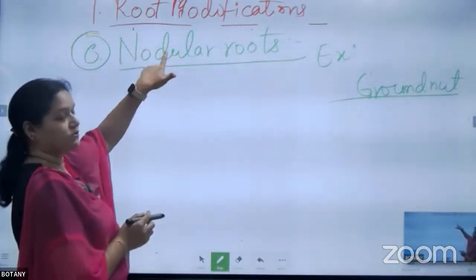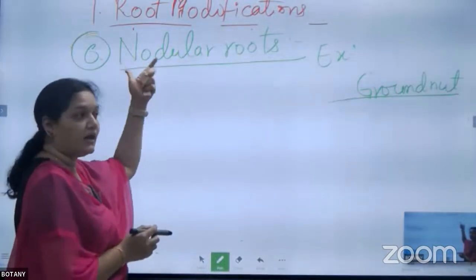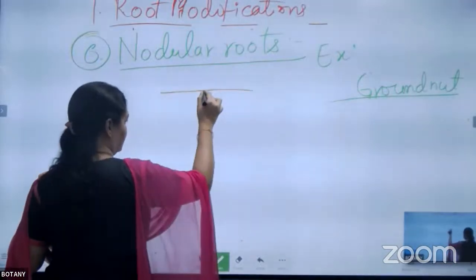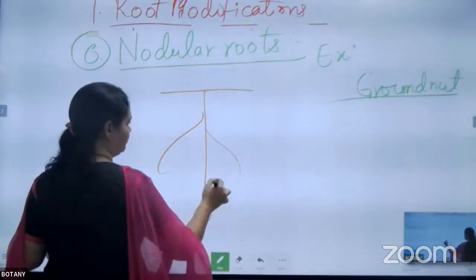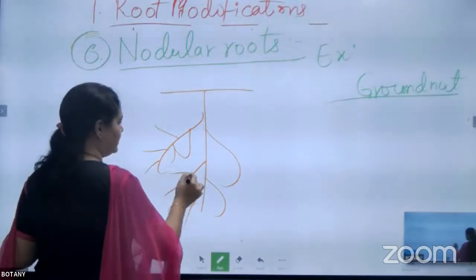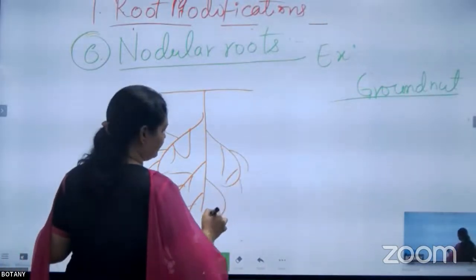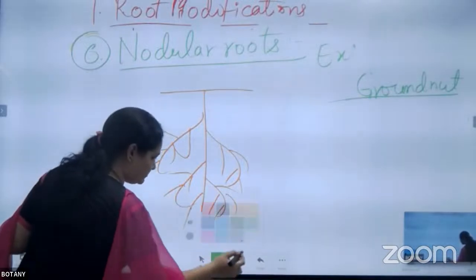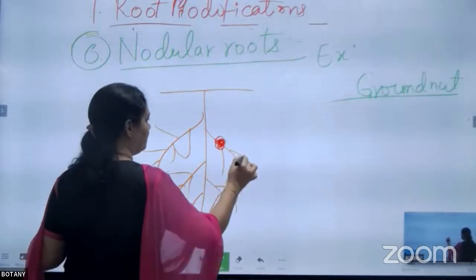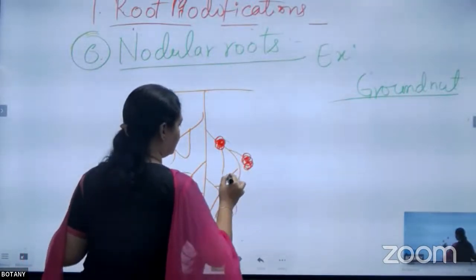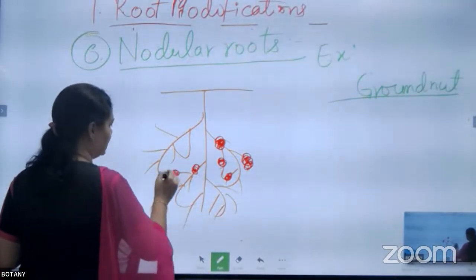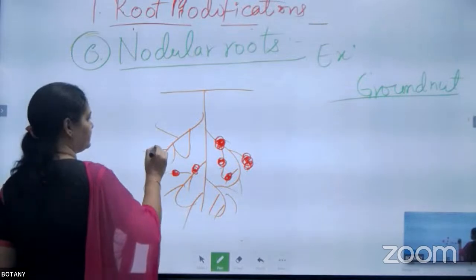Okay, so in this, what happens and how are the roots occurring in these plants? The taproot system will be present for these plants. The Rhizobium bacterium lives in symbiotic association to make nodule-like occurrences on the roots of these plants, which are called the nodular roots.